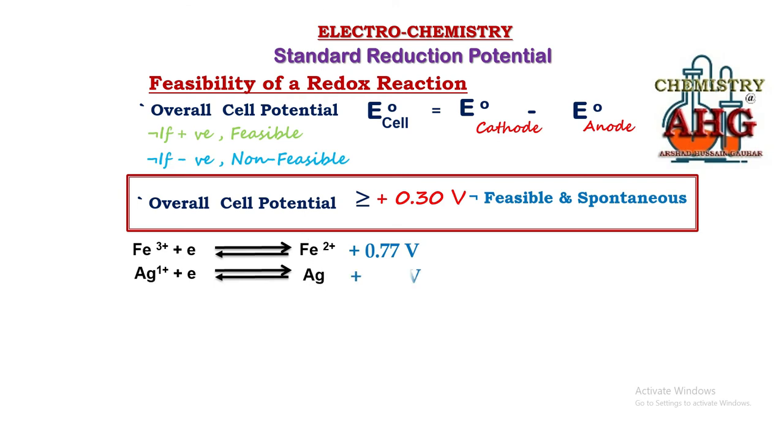So one simple thing that can be asked by using these two half cells is to write down a balanced chemical equation for a feasible redox reaction. Yes, by using these two half cells you can write down a balanced chemical equation for a feasible redox reaction.